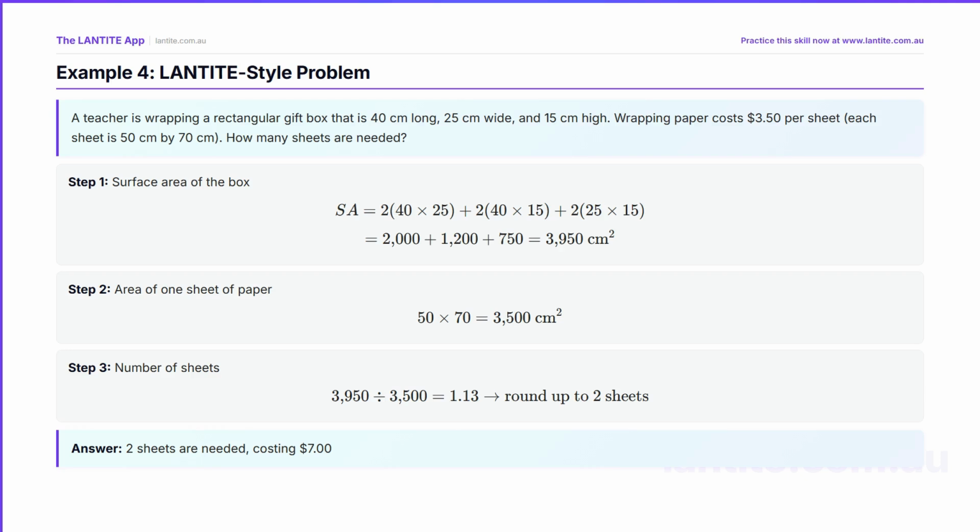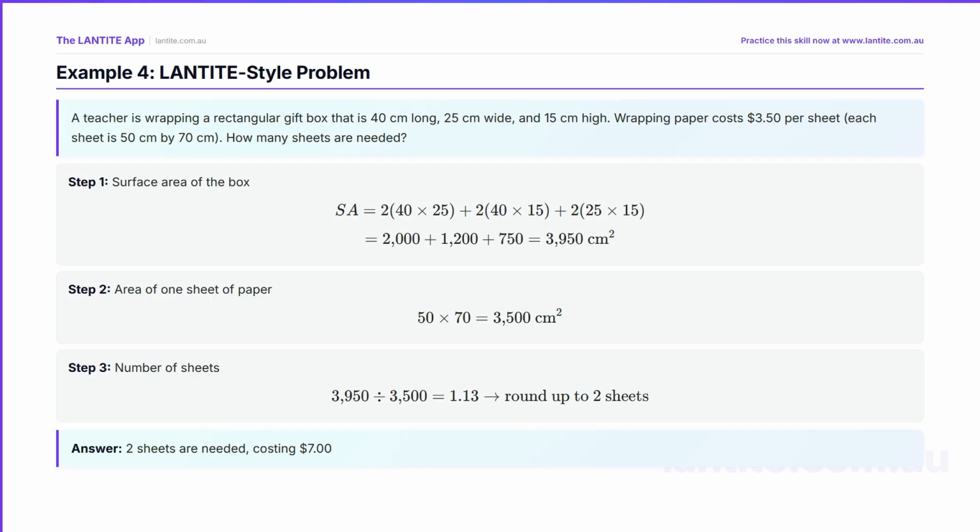Here is a LANTITE-style problem. A teacher wraps a gift box that is 40 centimeters long, 25 wide, and 15 high. First, find the surface area. 2 times 40 times 25 is 2,000, plus 2 times 40 times 15 is 1,200, plus 2 times 25 times 15 is 750.